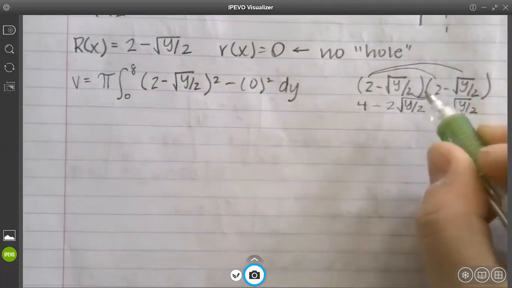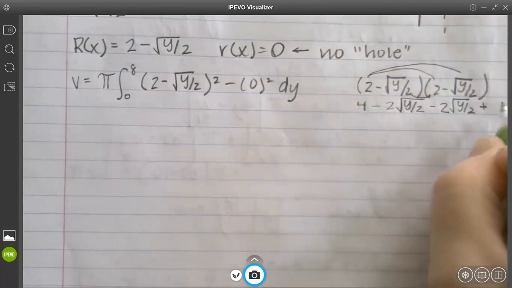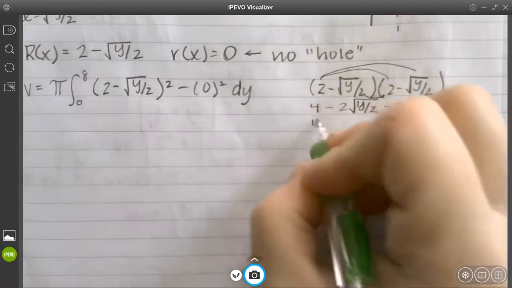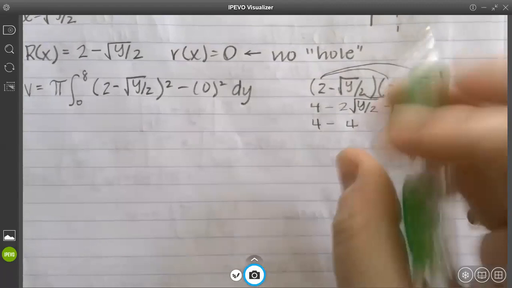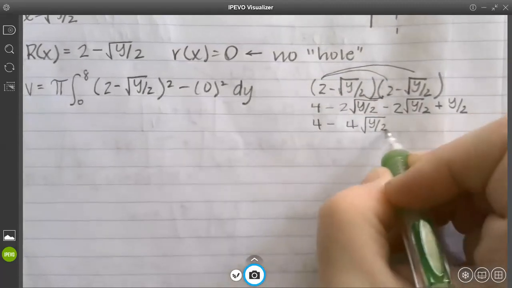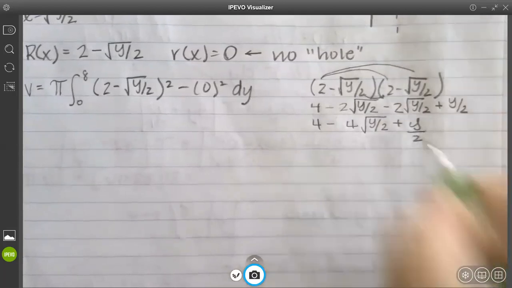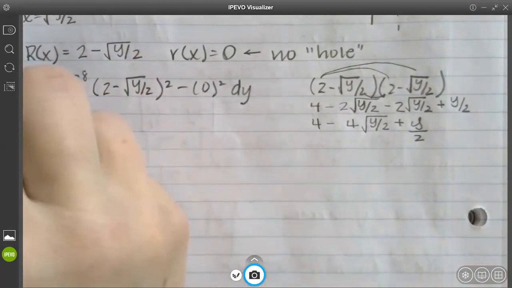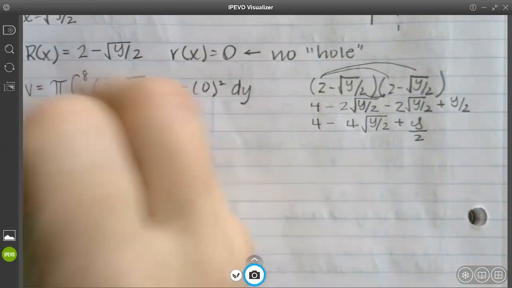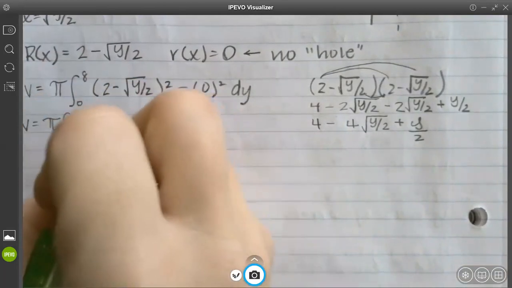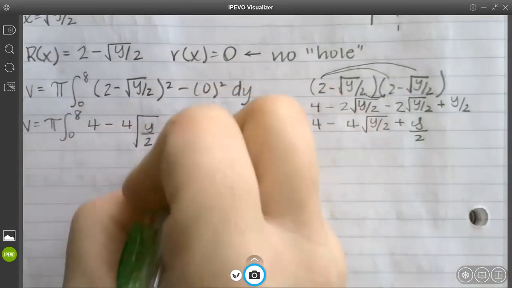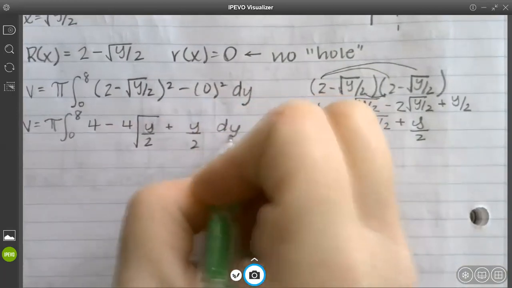And on the end, what happens when I multiply the square root times the square root? It'll just be y over 2. Perfect. So when I finish it up, 4 minus 4 square root y over 2 plus y over 2. So our volume is the integral from 0 to 8 of 4 minus 4 square root y over 2 plus y over 2 dy.